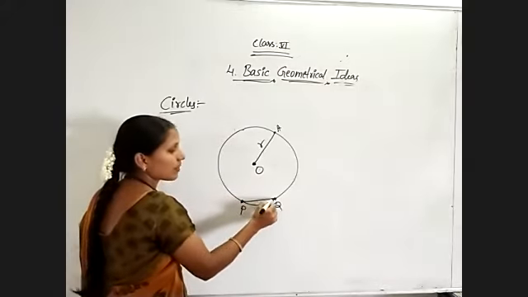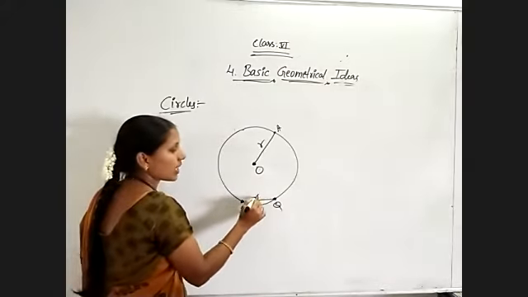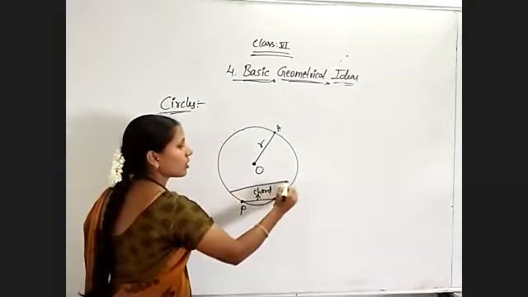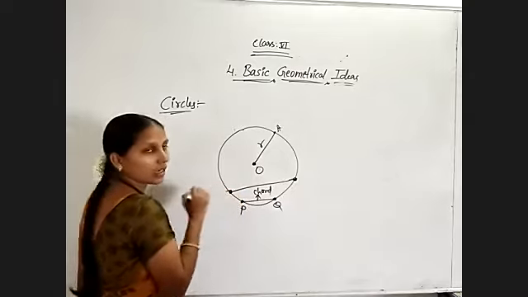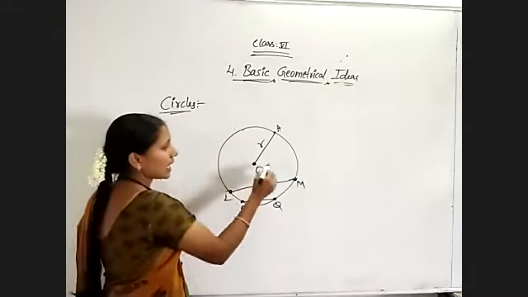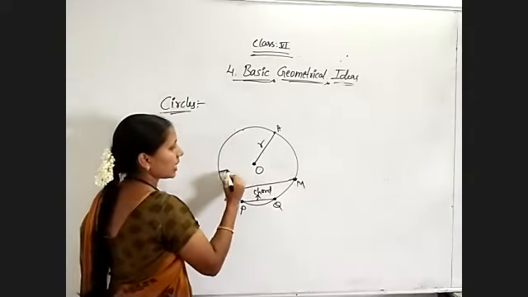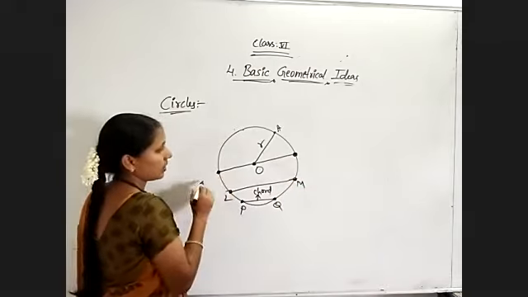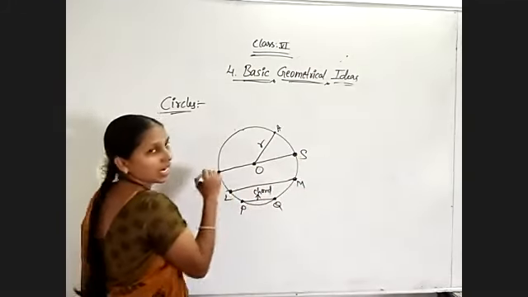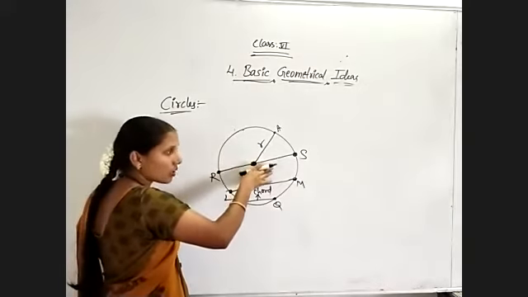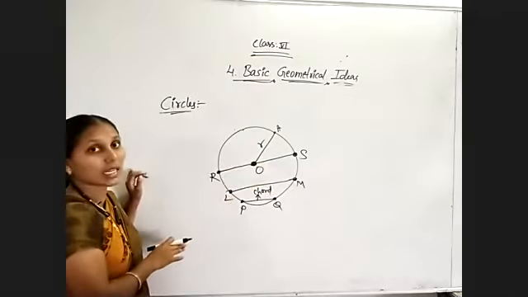So the line segment which is joining PQ is known as a chord. Okay, now we can draw so many chords on the circle. LM is another chord, and like this, the chord which is joining RS is the chord which is passing through its center. That's the one and only longest chord of the circle.